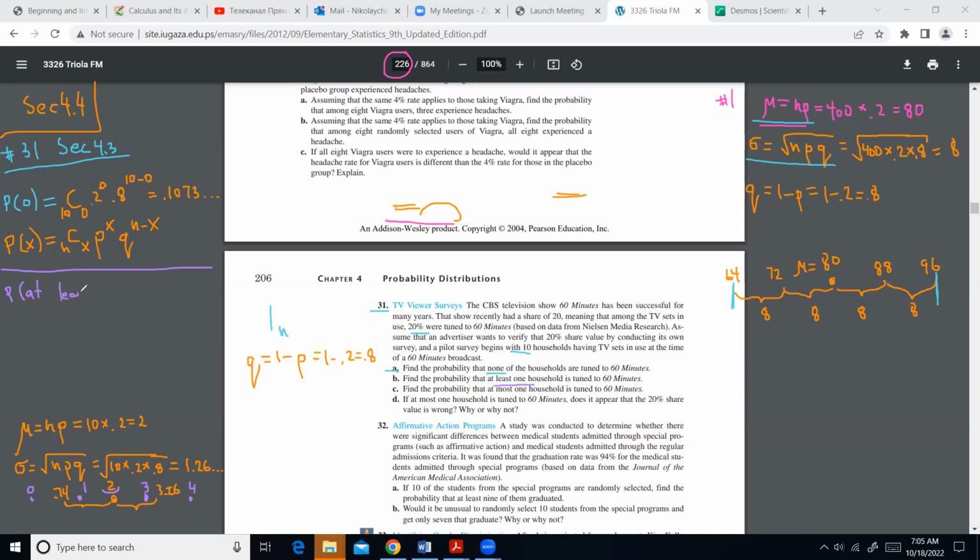At least 1 watching the show is the same as 1 minus the probability that none of them, or 0 people, are watching the show, right? So when you subtract from 1 the probability, which is 0.1073, you get 0.8927. So here's the approximate result.